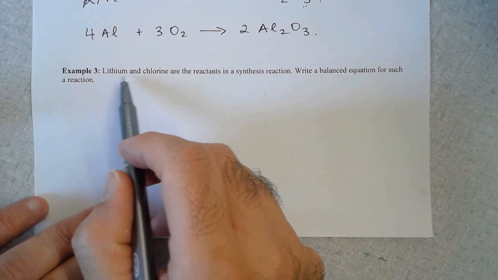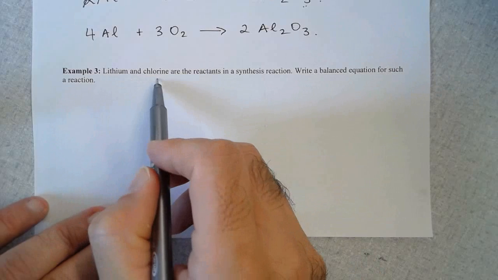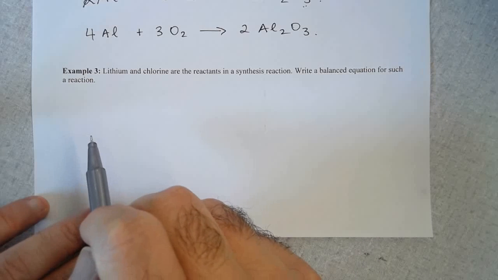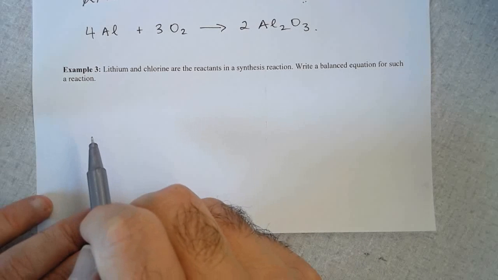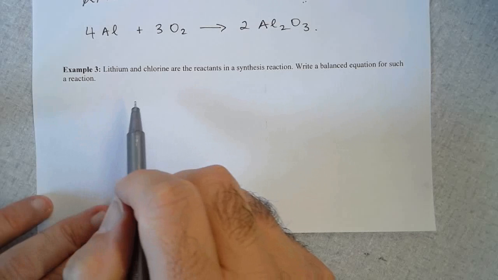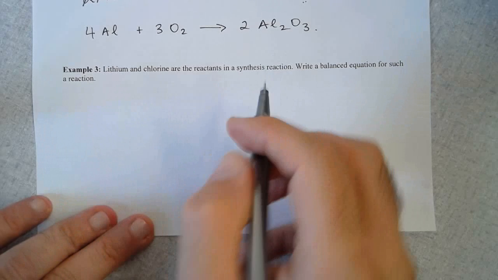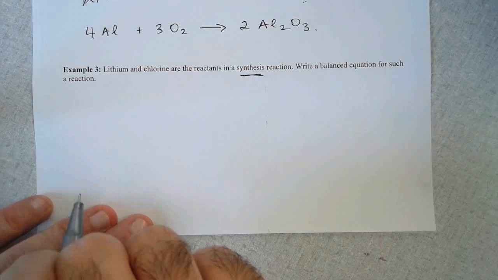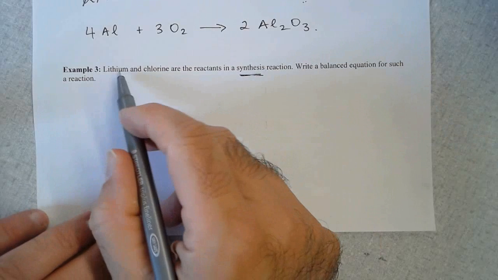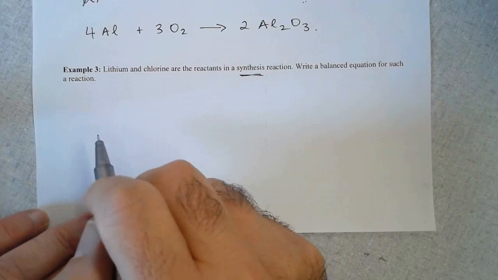This is a metal and a non-metal, so it makes sense that this should form an ionic compound. Since we know there's going to be only one compound on the product side, since they tell us it's a synthesis reaction, it makes sense that it should be lithium chloride.